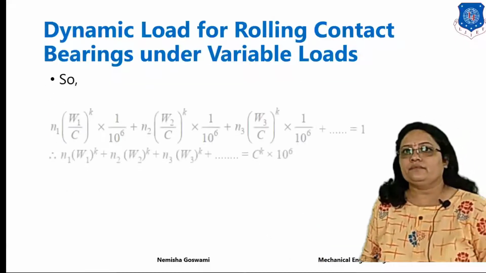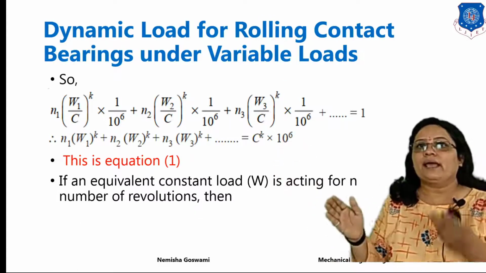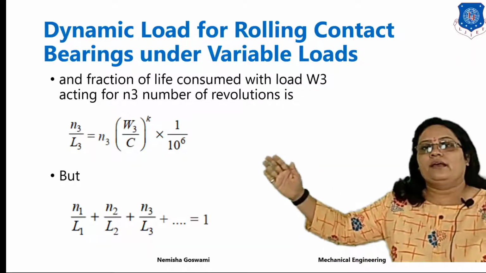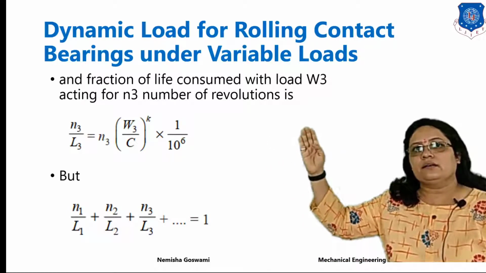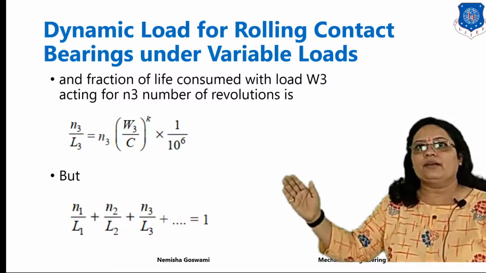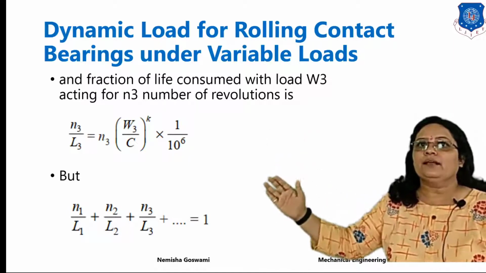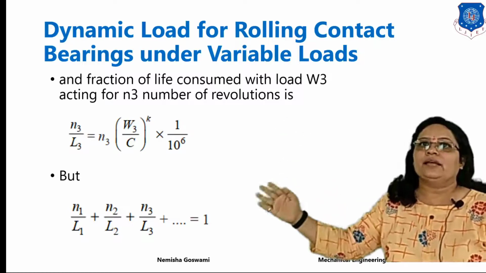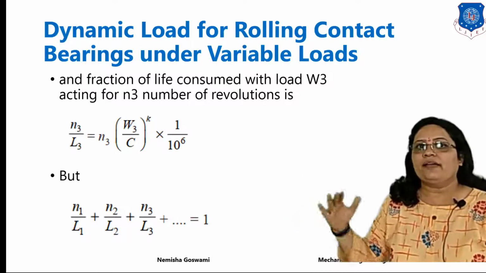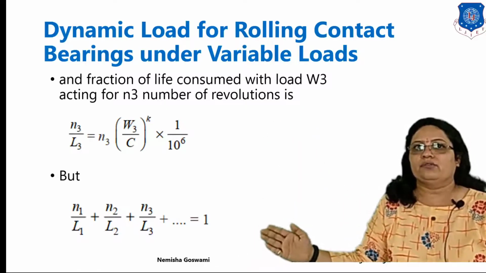This is the fraction of life we are considering. So we have found N1 upon L1, N2 upon L2 and N3 upon L3, and we will put all three into this equation.